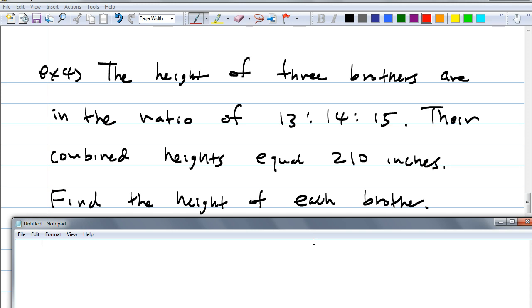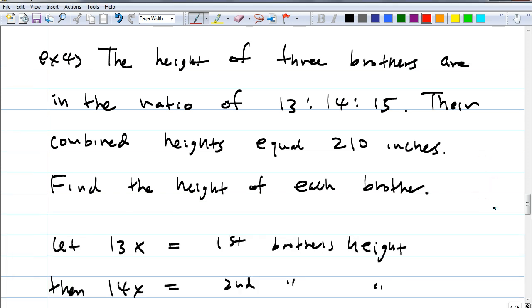Okay, Chemi, what did you guys come up with? How did you declare the variable? Yeah, that's exactly what he said. Okay, so there you go.